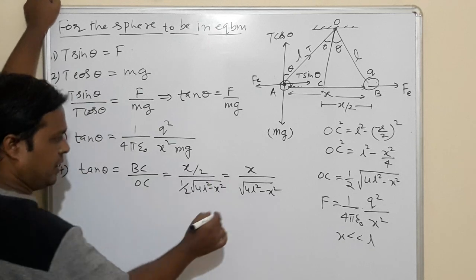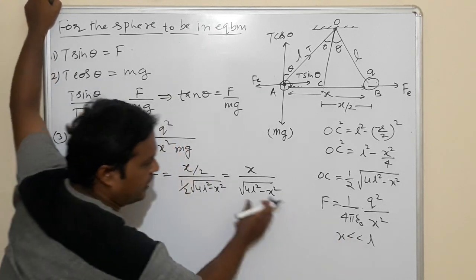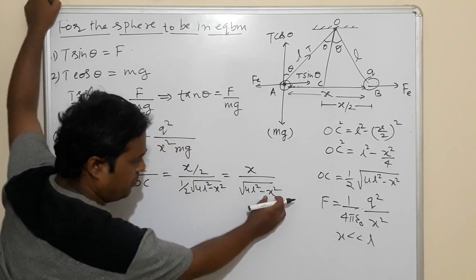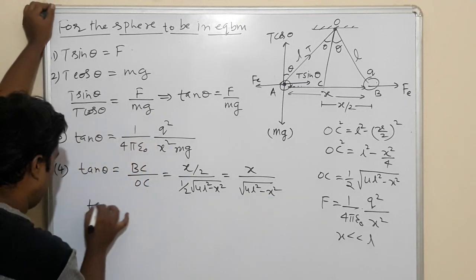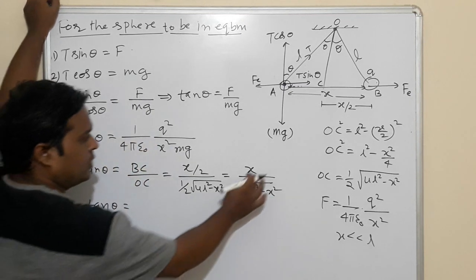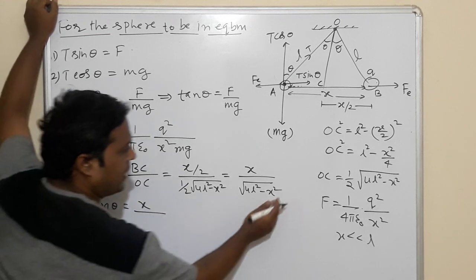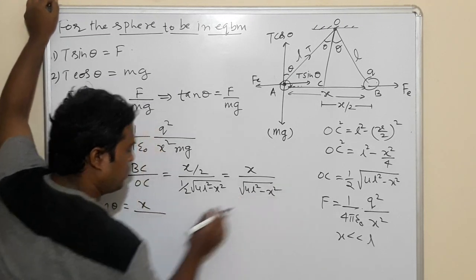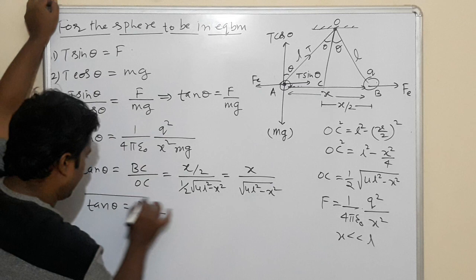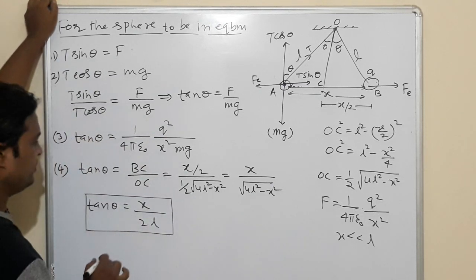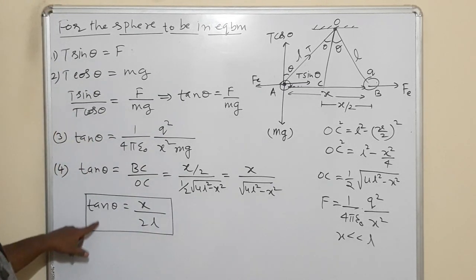Then what I told you in the beginning, x is very less compared to L, means you can neglect x square by approximation. Then I will get tan theta is equal to x divided by root of 4L square, which will be x by 2L. This is geometrical value of theta.